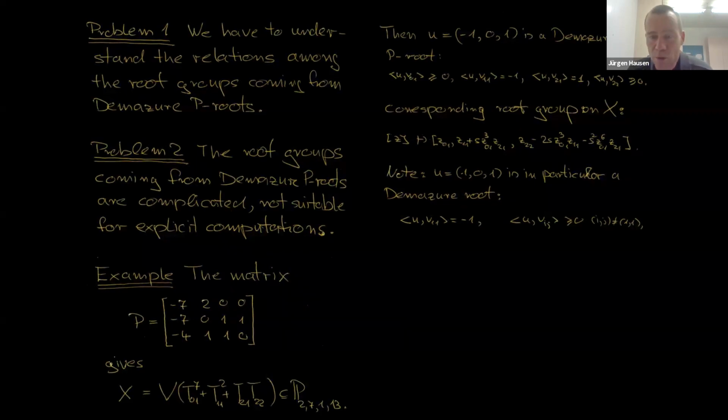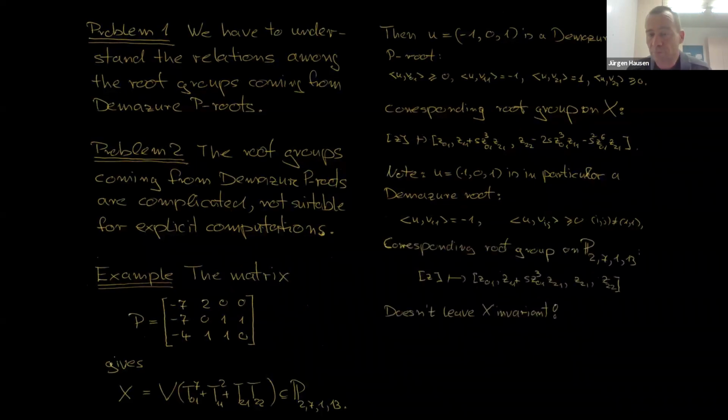So that means we can look at the corresponding root group on the involved toric variety, this weighted projective space P(2,7,11,13), which hosts our X. And if we look at this subgroup, it looks much nicer than the previous one. The only drawback is this subgroup does not leave our X invariant, so it doesn't help us to find automorphisms of X, at least not immediately.